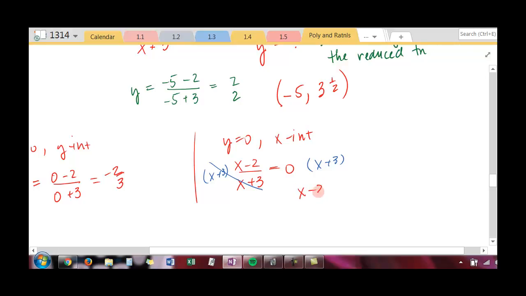So x minus 2 equals 0, and therefore x would be equal to 2. So this ordered pair looks like (2, 0) for the other intercept.